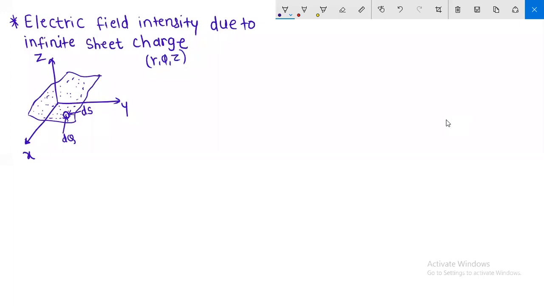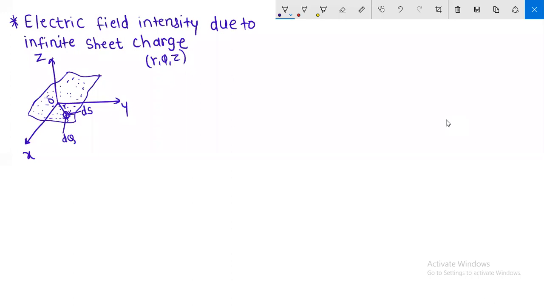Now I am connecting this origin to this point, having differential surface area ds.